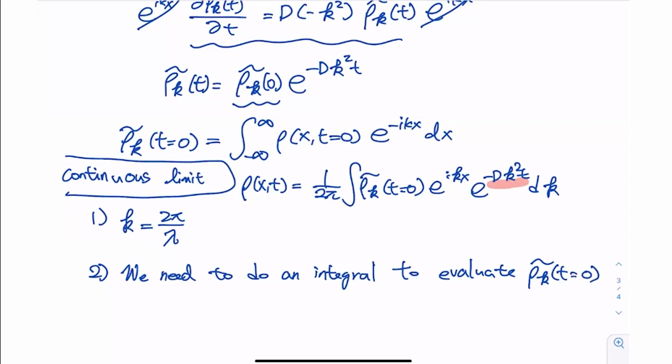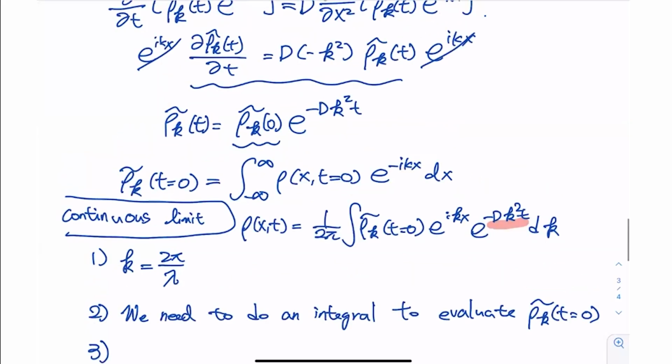So for different density profiles, if you give me density profile 1, I need to do the integral once. If you give me density profile 2, I need to do the integral twice. So basically, that's the process if you want to know how this density profile evolves as a function of time, because we need this rho k tilde at t equal to 0 as our input information.